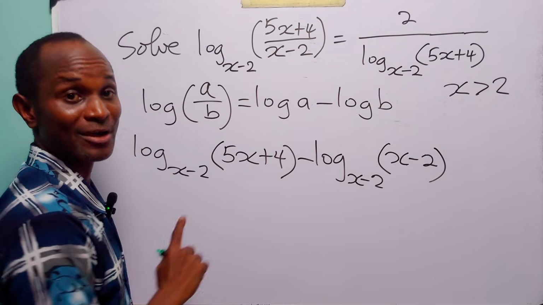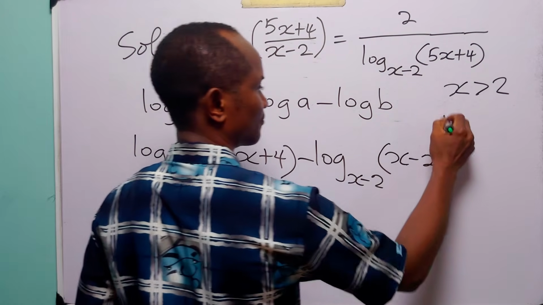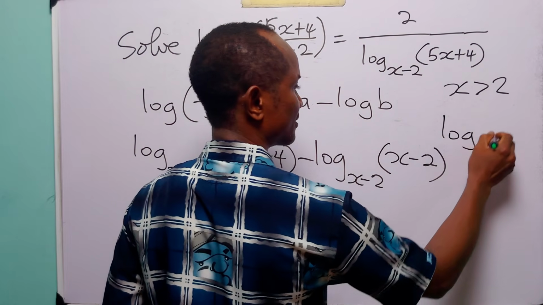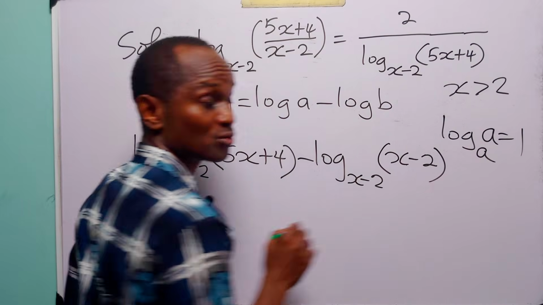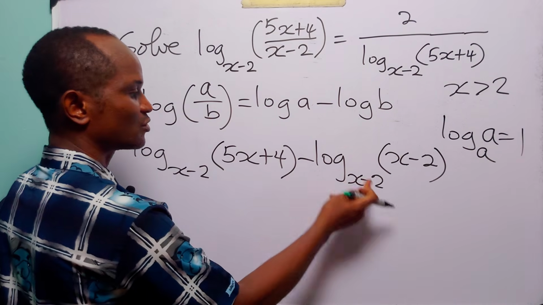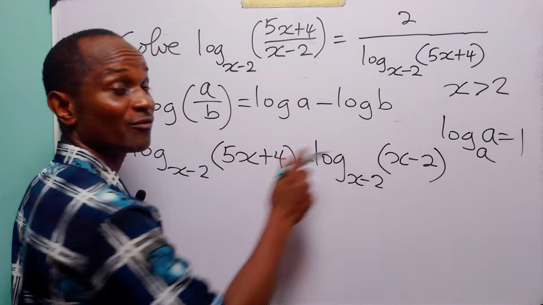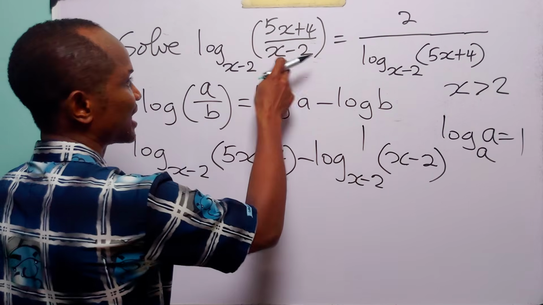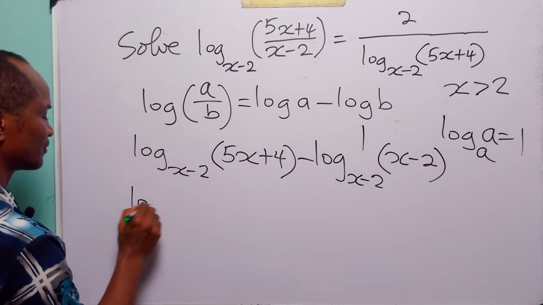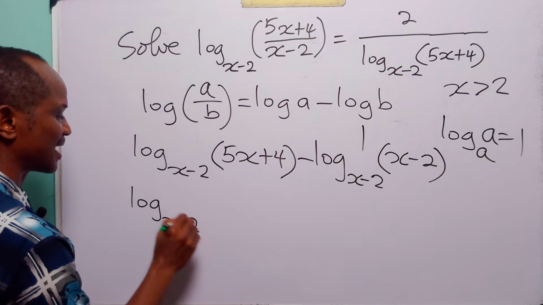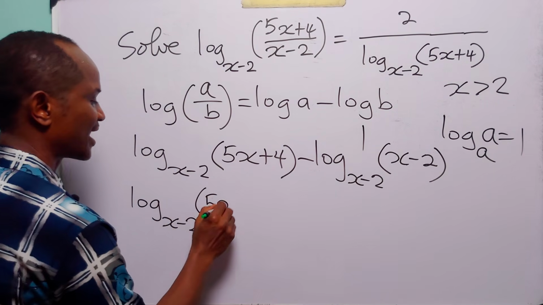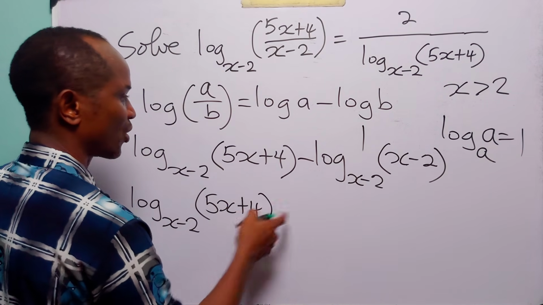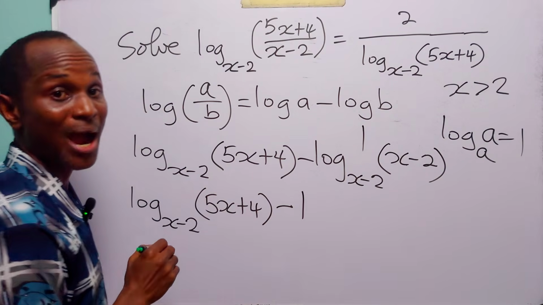Now, when you look at this second term, remember that log to base a of a is equal to 1. So that means that log to base x minus 2 of x minus 2 is equal to 1. So on the left-hand side of this equation, we have log to base x minus 2 of 5x plus 4 minus 1.